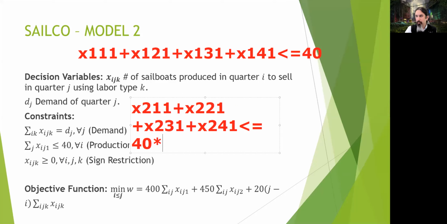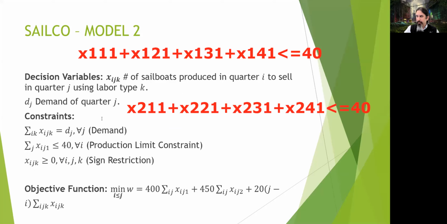Now, when I take a look at the second period, I already know that this value is going to be 0, because I cannot produce in the second period for period 1. This is lateness. Lateness is not allowed in this problem, so this value is going to be 0.